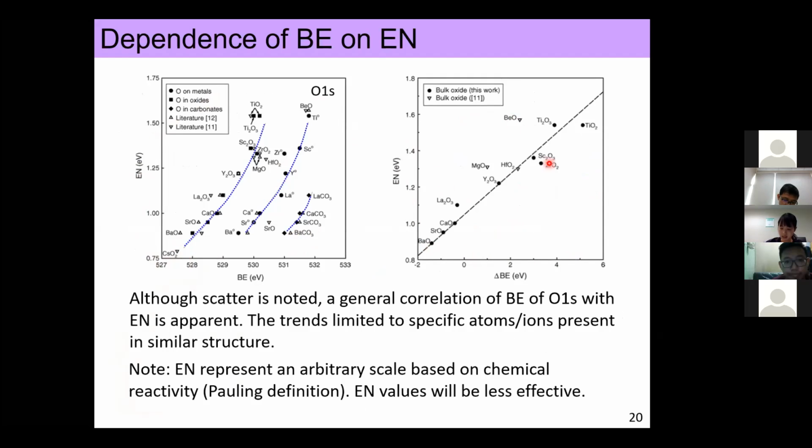This is En plotted as a function of delta BE, the difference of binding energies. You can still see the trend. Please note that En represents an arbitrary scale based on chemical reactivity. This is the reason why electronegativity value is less effective.